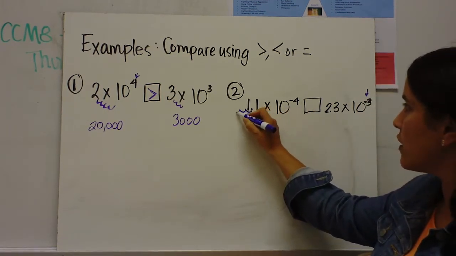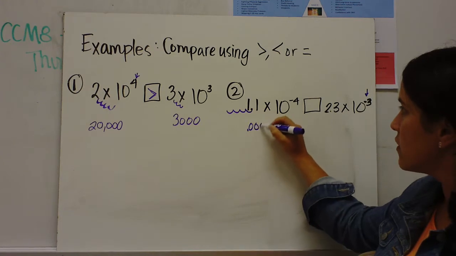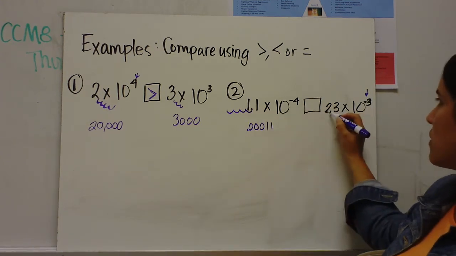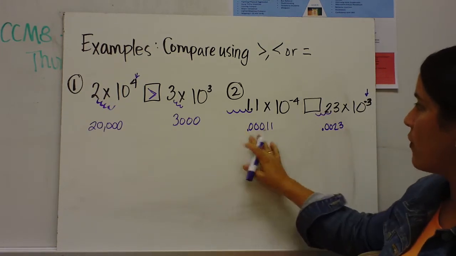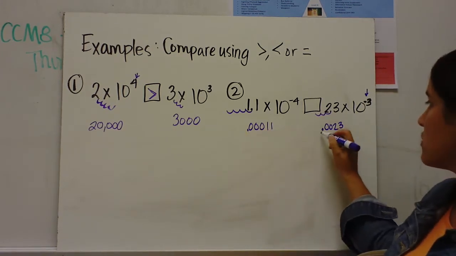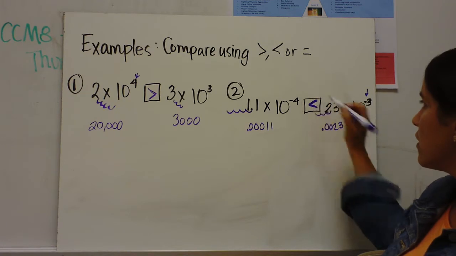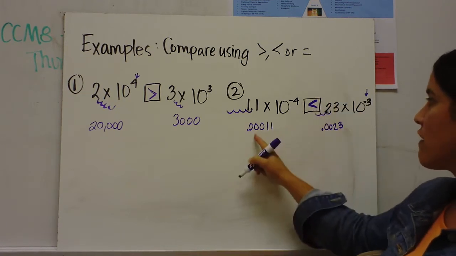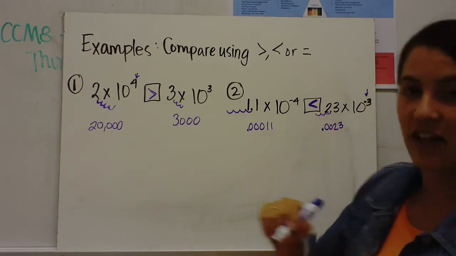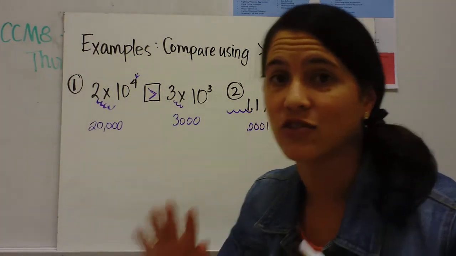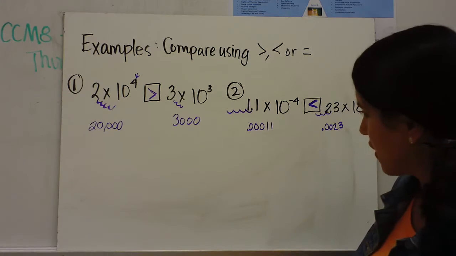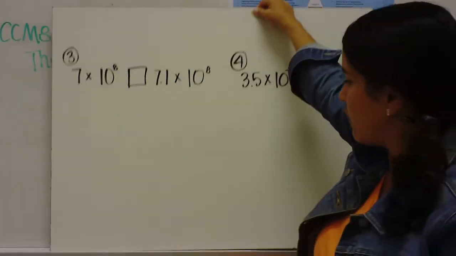Negative 4 means I move it 4 times, and this one means I move it 3. And when you're comparing those two decimals, this one is bigger. That one is larger than that number. So again, if your exponent is larger, that's going to be the larger number, as long as they're both in scientific notation.